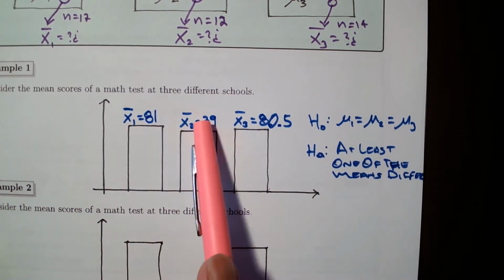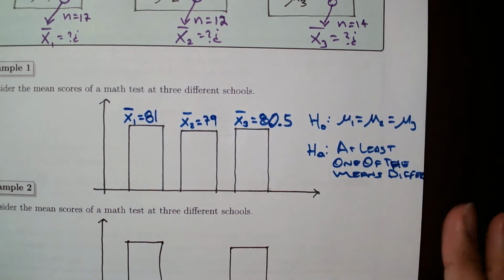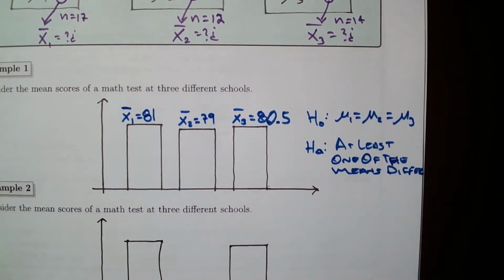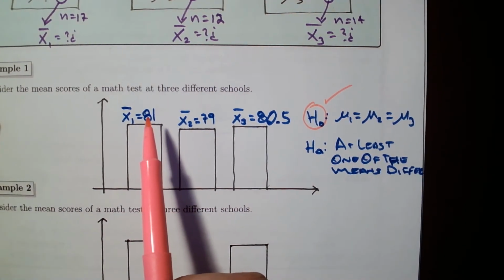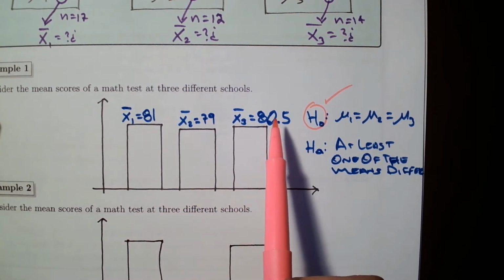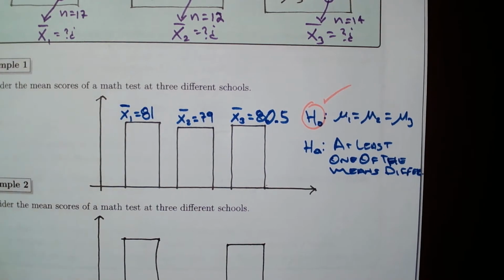If we collect data like this, we're going to lose the argument here. Most likely H0 wins, because if you look at the numbers 81, 79, 80.5, those numbers are not too far from one another.